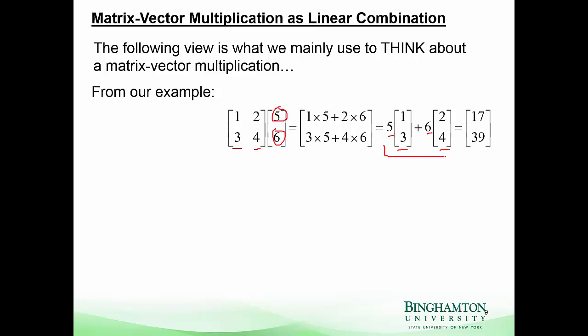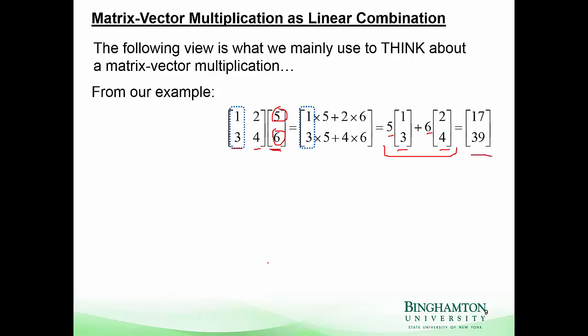So this is a linear combination of the two columns, where the weights come from the vector that we're multiplying here. And so we get, in this case, just like before, 17 and 39. And you can figure that out. You get 5 and 15, and then you get 12 and 24. And so if you add 5 and 12, you get 17. And if you add 15 and 24, you get 39. So everything still works. So you got to believe me.